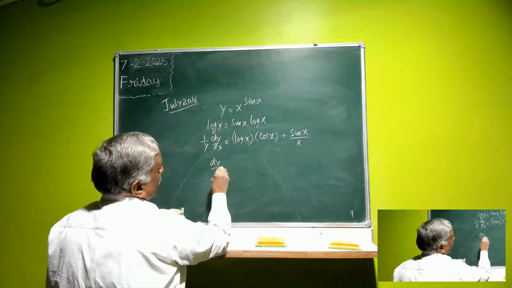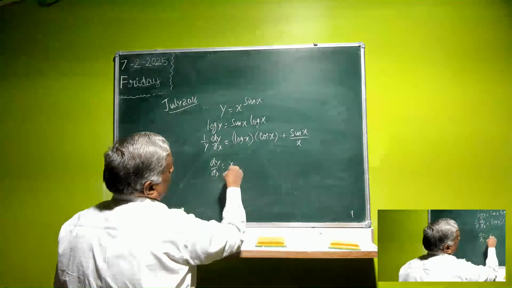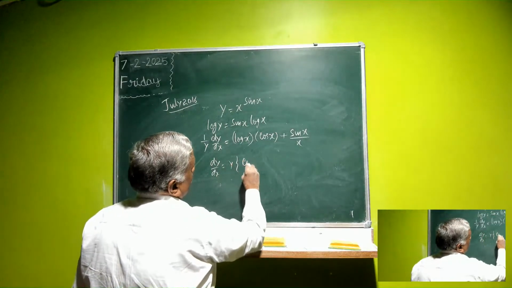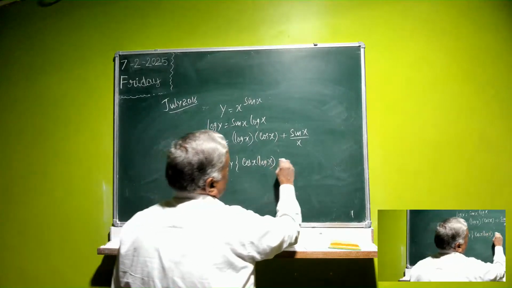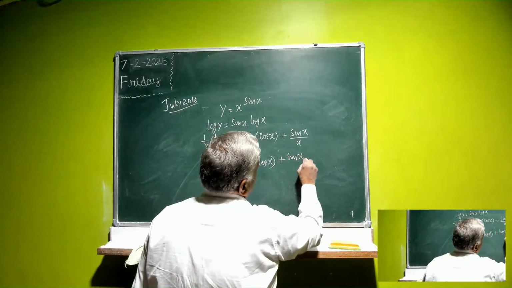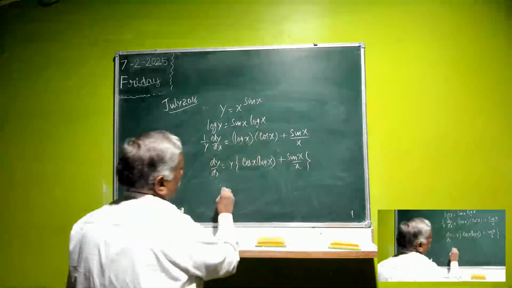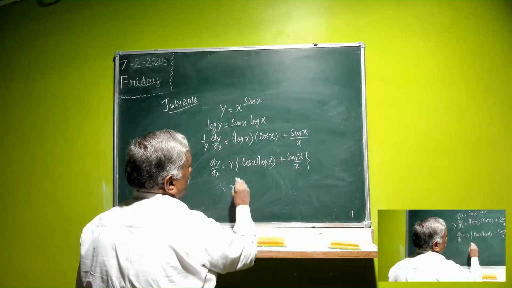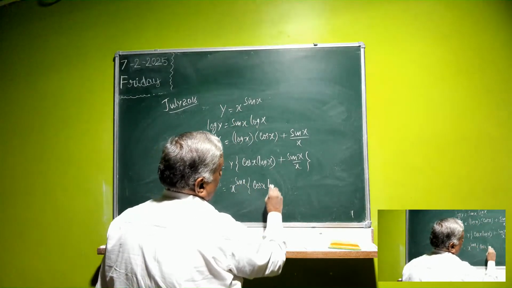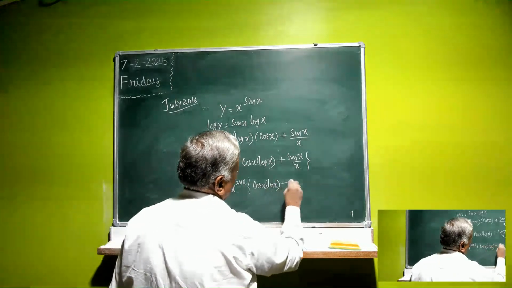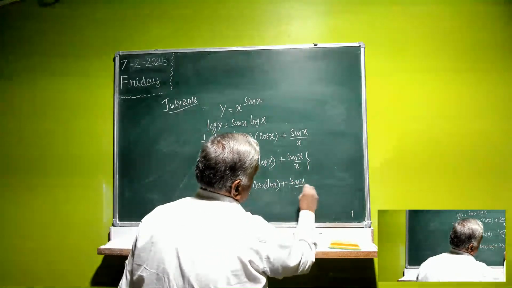Dy by dx is equal to y into cos x log x plus sin x by x. You can write one more step. What is y? X to the power of sin x into cos x log x plus sin x by x.